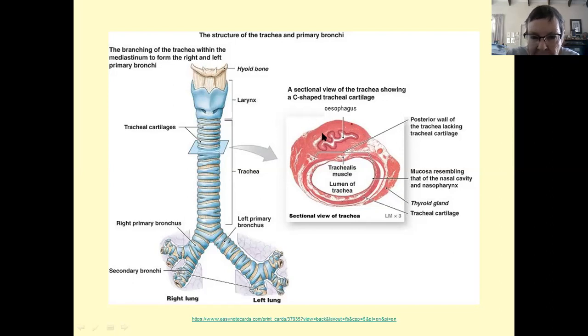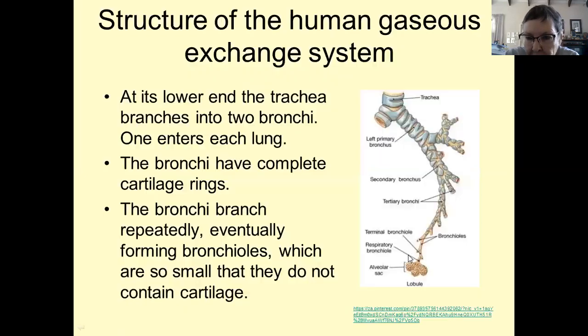And then here's the esophagus. Oh no, good heavens. Yes, here's the esophagus. Sorry, I was reading that label until it went down to the esophagus. So here's the esophagus, which is obviously a soft tube structure. And so when the esophagus expands, when food is going down it, it'll push into the trachea as it expands. Okay, all right. So that's the trachea.